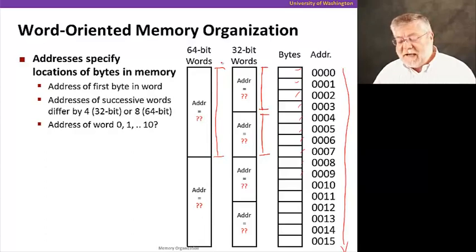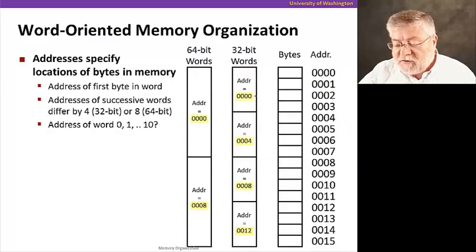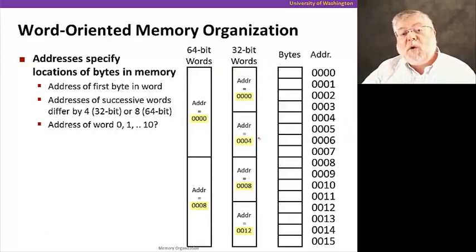To have a uniform policy, what we do is we say the address of the word is the address of the first byte in the word. So in this case, the first 32-bit word would have the address 0000 because it starts at that byte. The next word's address, though, is 0004.